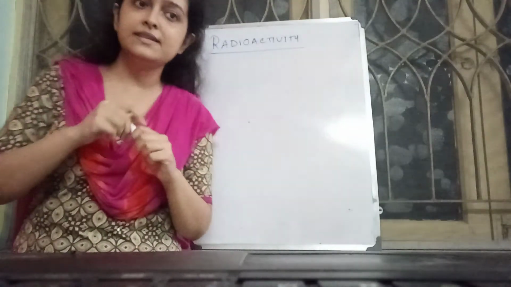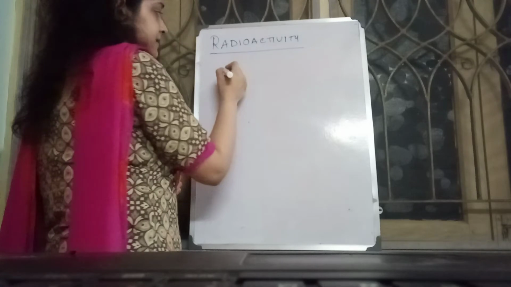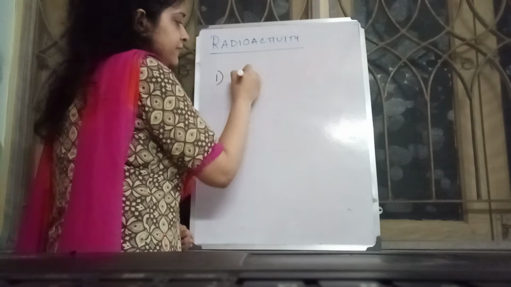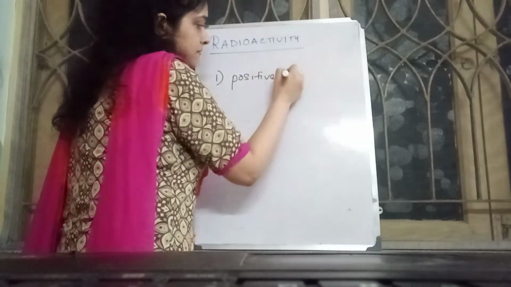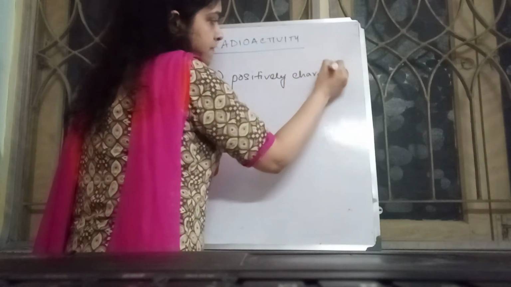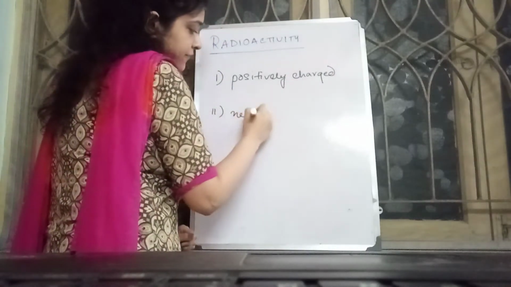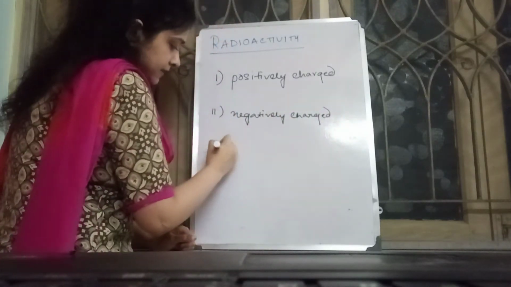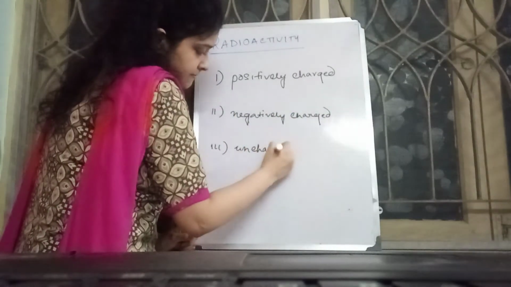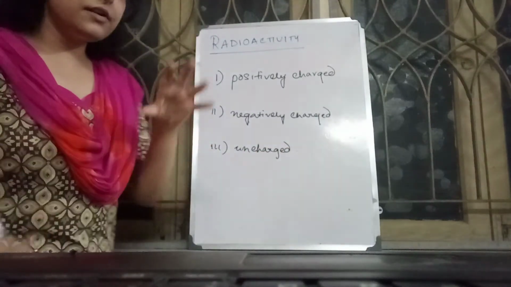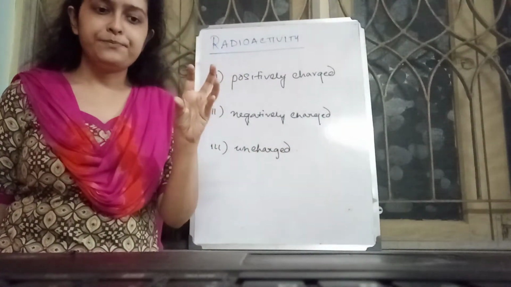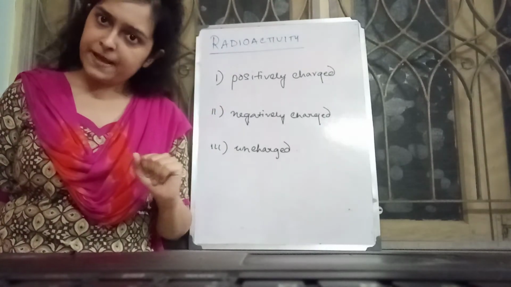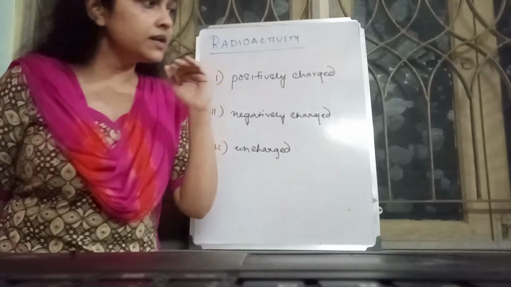So Becquerel discovered 3 types of rays, known as Becquerel rays. One, positively charged. Another, negatively charged. Another, uncharged. So he found that radioactive substances give out 3 types of emissions.